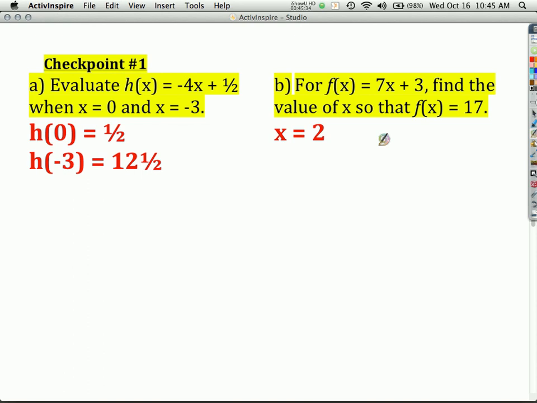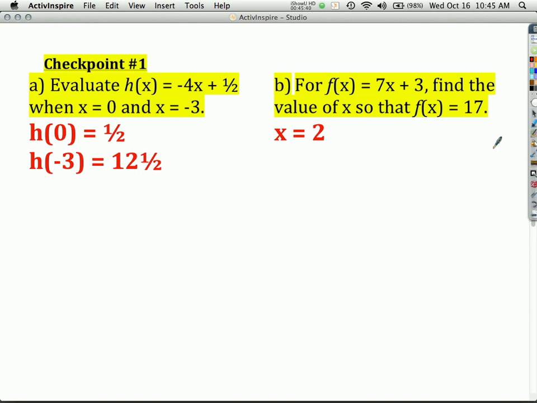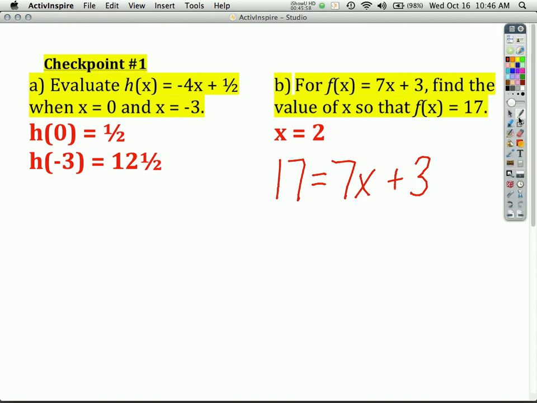Tristan? Was it possible to round down? Because I got 2.1 on the second. It comes out exact. For part B you're talking about? Okay, so we're replacing this whole thing with the 17. So it's 17 equals 7x plus 3. So think of it this way.